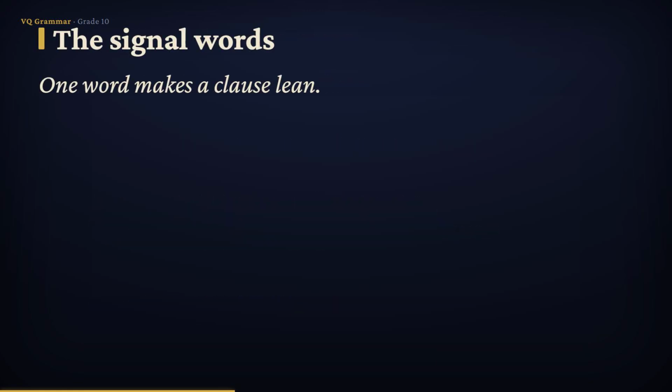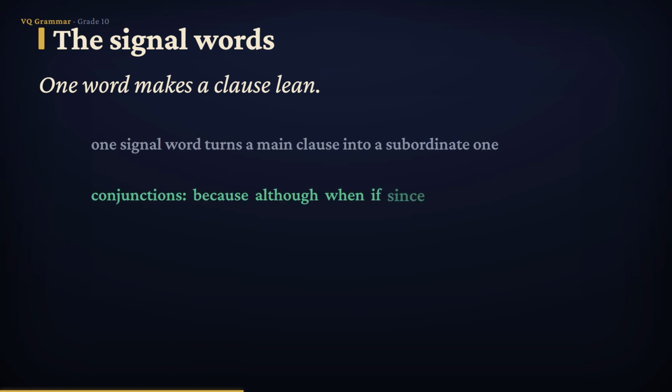So how do you spot one in the wild? A subordinate clause almost always wears a badge, a signal word right at the front. Most often, that badge is a subordinating conjunction. Because, although, when, if, since, until. You met those back in Lesson 11. Sometimes it's a relative pronoun instead. Who, which, or that, the words from Lesson 4.